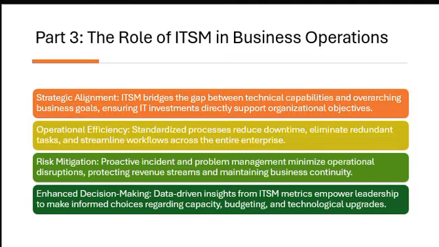ITSM bridges the historical gap between technical capabilities and overarching business goals, to ensure that every dollar spent on IT investment directly supports organizational objectives. It also drives operational efficiency by introducing standardized processes, reducing system downtime, eliminating redundant tasks, and streamlining business workflows across the enterprise.